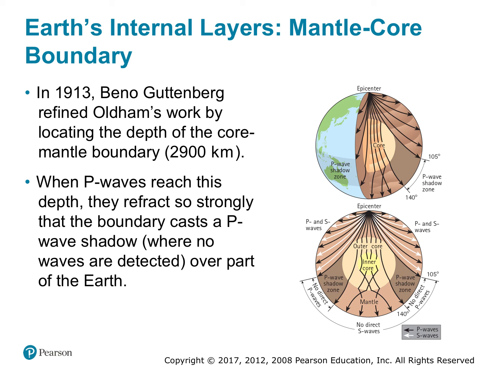Remember that outer core is liquid. So these are bending in a regular way, and then they hit that core and they really bend. And so that creates what's called a shadow zone, where if you had a seismograph here, you wouldn't detect any waves at all because they're in that shadow zone.